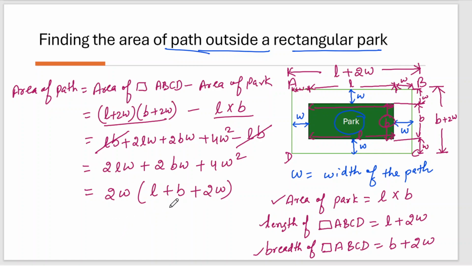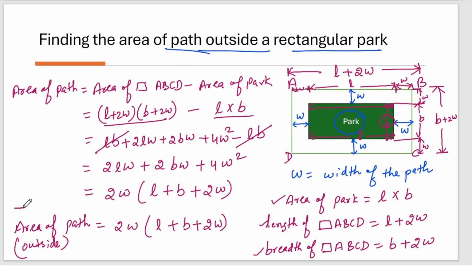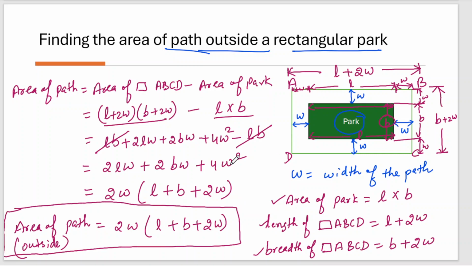So we can directly remember the formula of area of path outside a rectangular park. This is the case of outside. So what is that? 2W times L plus B plus 2W. Just remember this formula. You don't need to derive all those things. So what is W? W is the width of the path.